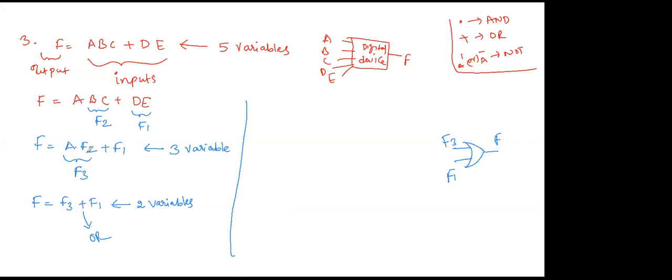F3 is equal to A into F2, which is nothing but an AND gate. One input is A, one input is F2. So the output you are getting is F3. Next, what is F2? F2 is equal to B into C, which is nothing but an AND gate.